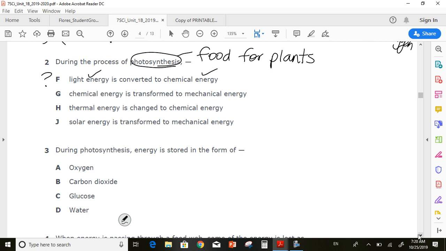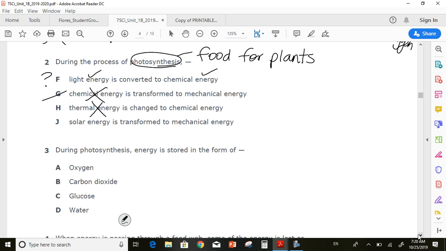Chemical energy is transformed to mechanical. Chemical energy is not starting from the sun, so it can't be that one. Thermal energy, which is coming from the sun, is changed to chemical energy. Thermal energy doesn't help the plant. Okay?